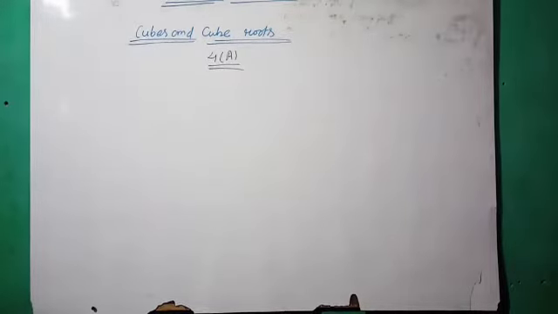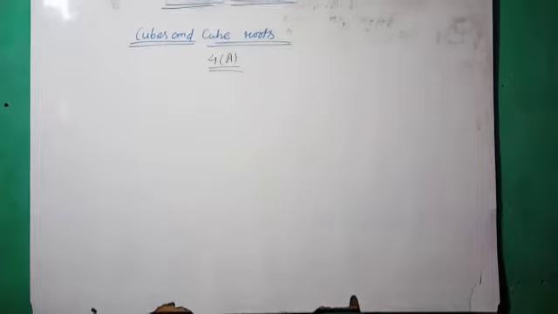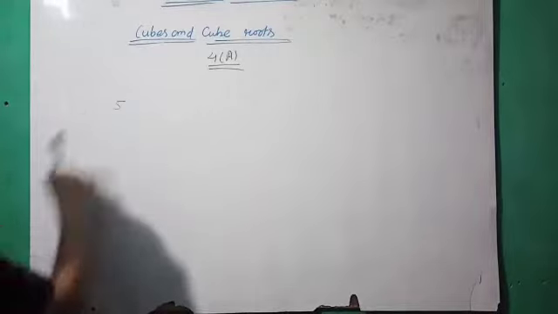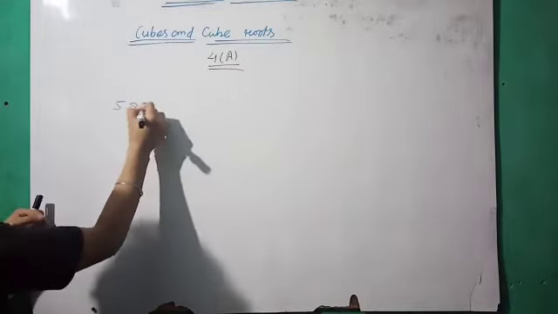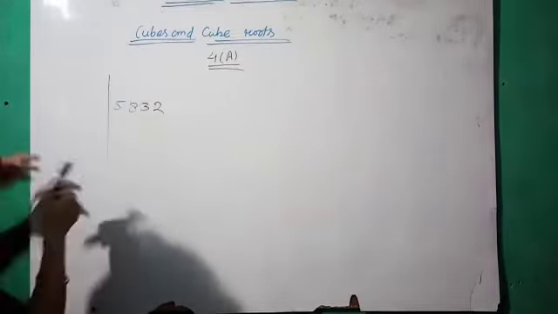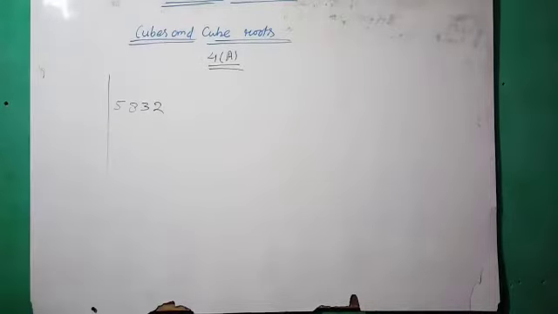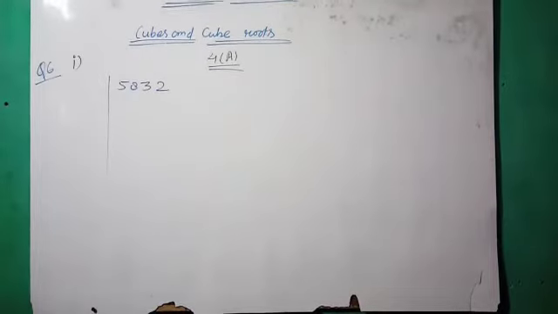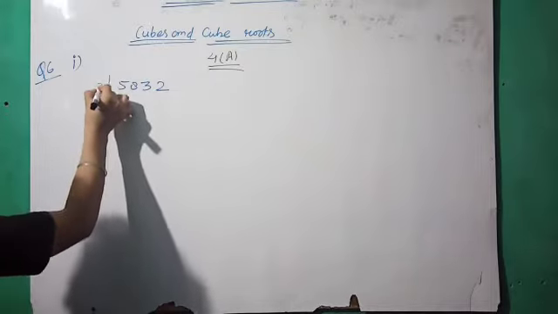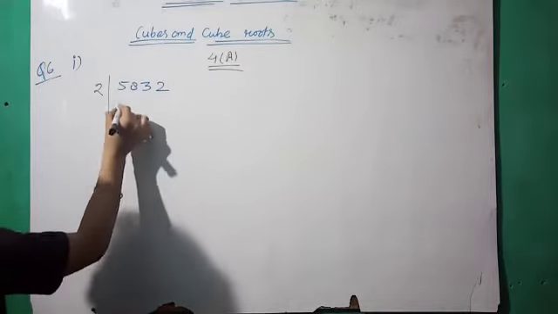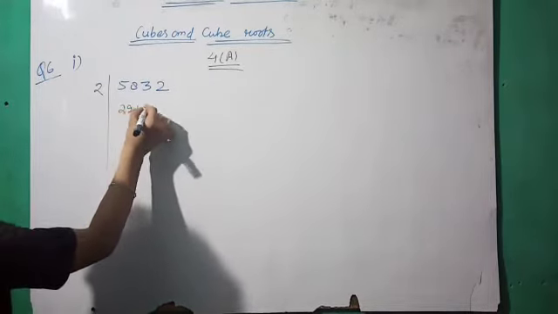Then question number 6, find the cube root of the following numbers by the prime factorization method. 5832. This is the cube of 18 actually. We can find it out by prime factorization. Prime factorization: divided by 2, 2916.